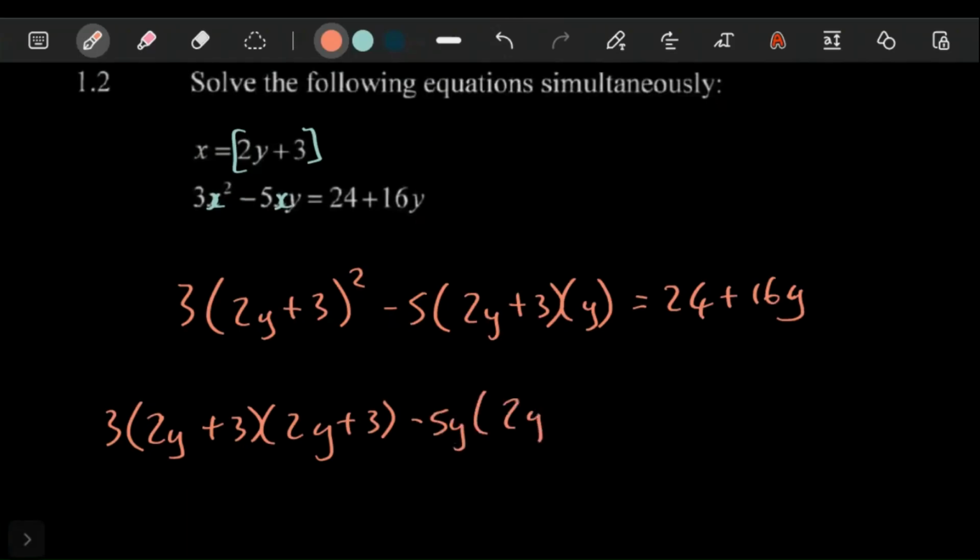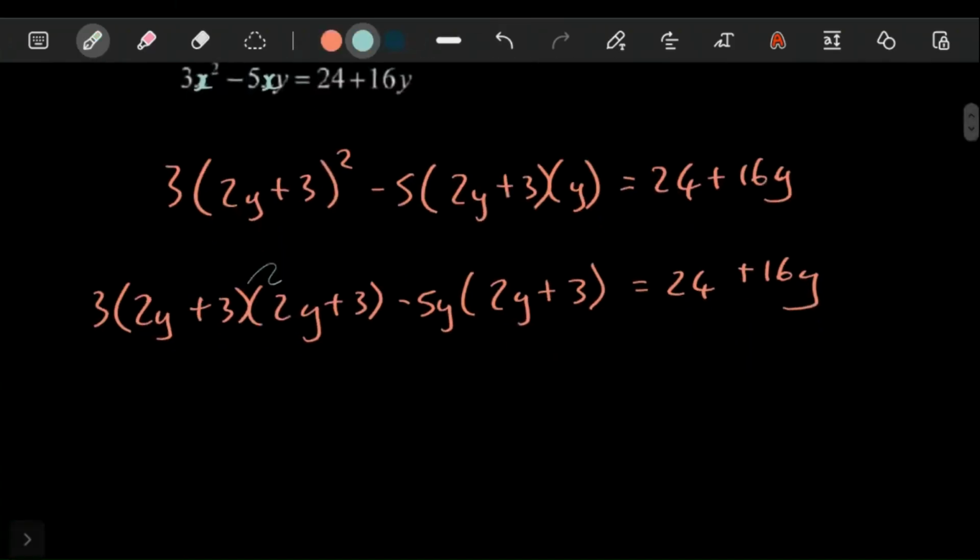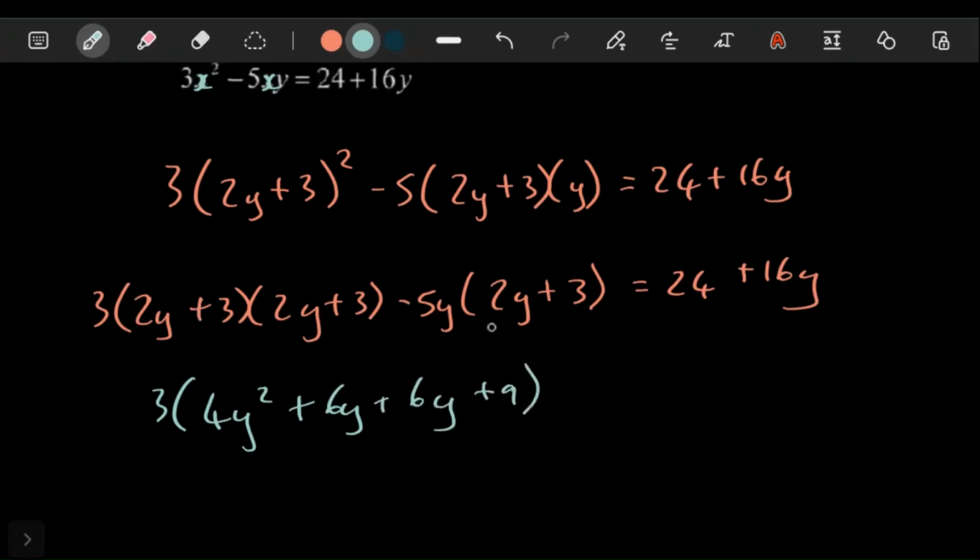So this is like 2y plus 3, and then 24 plus 16y. Okay, let's see. Here, I think you can keep the 3 out first. Let's FOIL this out. 2y times 2y is 4y squared. This times that, 6y, another 6y, and then 9. This is going to be negative 10y, negative 15y, equal to 24 plus 16y.